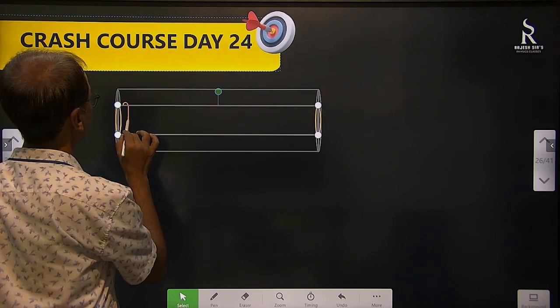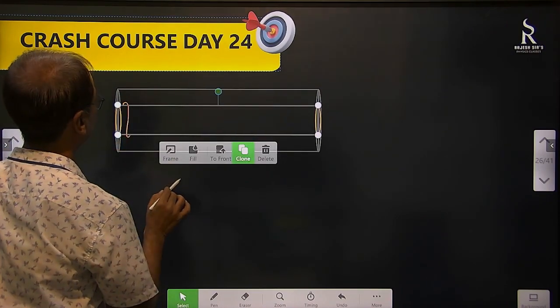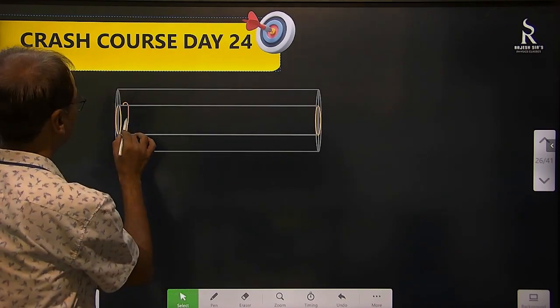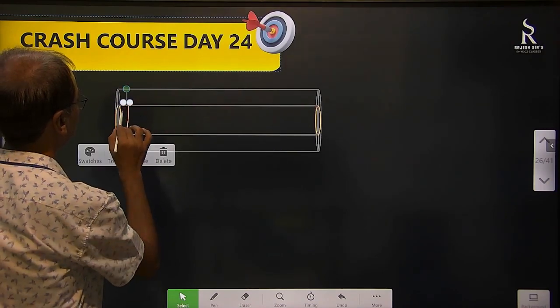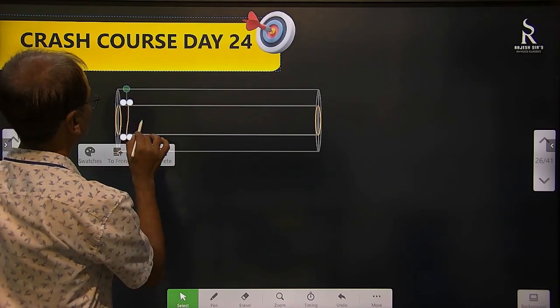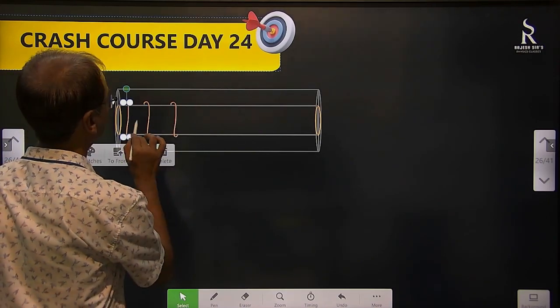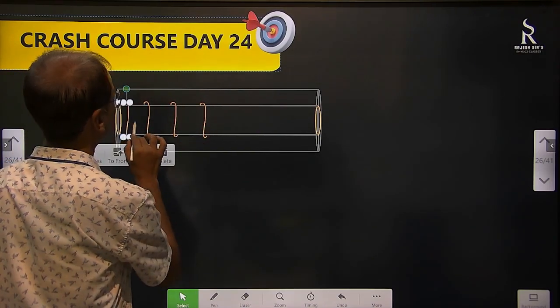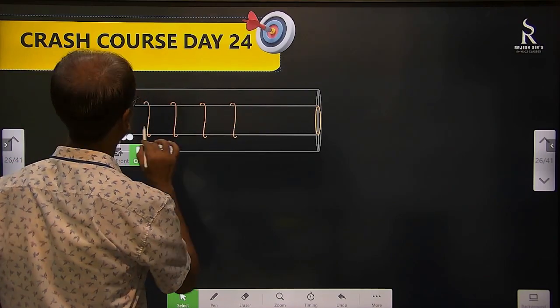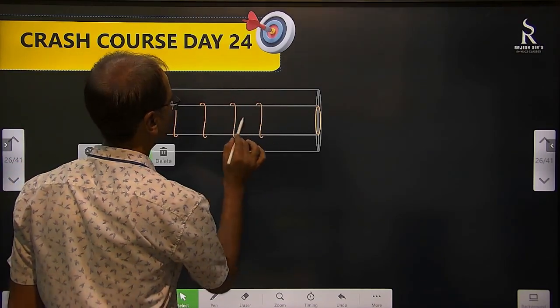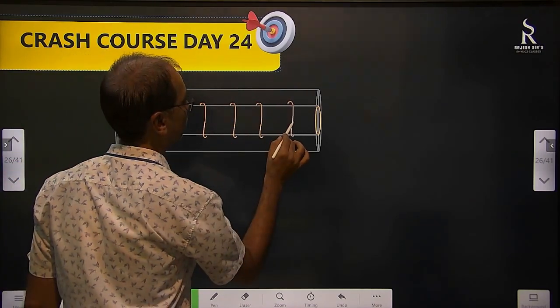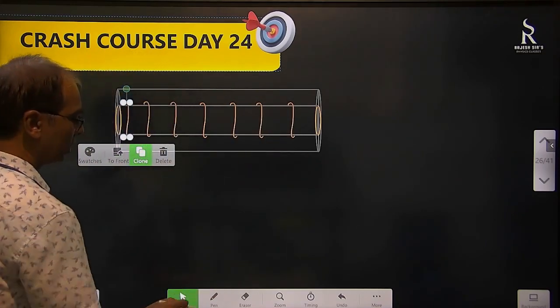What is this? Making a very small number of turns. These are just symbolic. And here it is, that's all. Now, in the upper one.